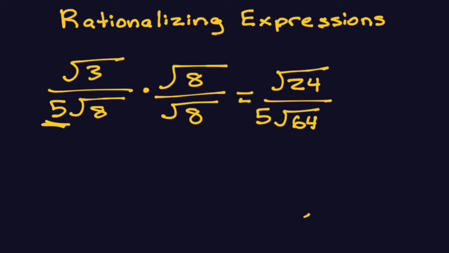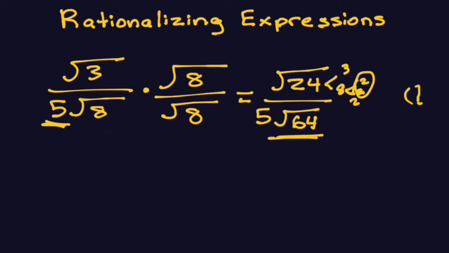Now, there's 2 things that can be changed. One is the square root of 64, which obviously just becomes 8. And 2 is this square root of 24 right here, because that can be simplified. Let's just say I had an 8 and a 3, and then a 2, 2, 2.